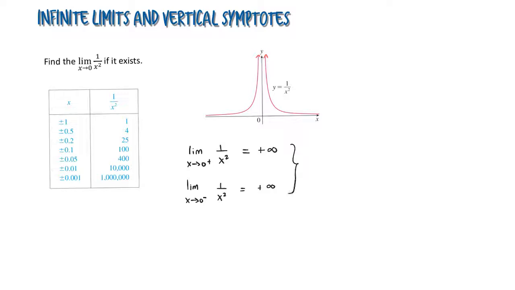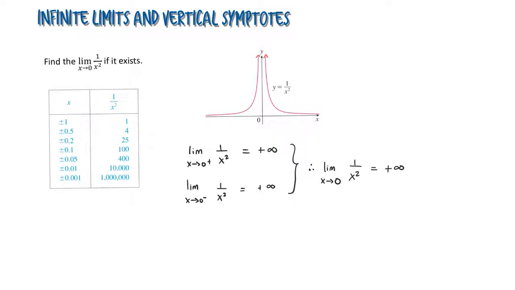And because we have exactly the same result for both one-sided limits, we claim that the double-sided limit as x approaches 0 of 1 over x squared is equal to positive infinity.